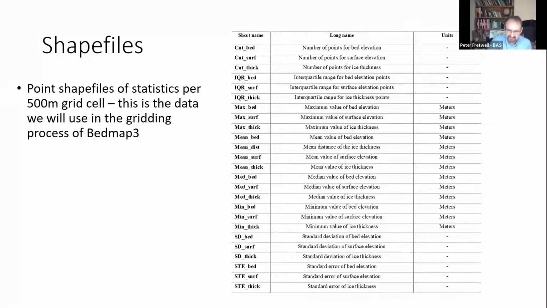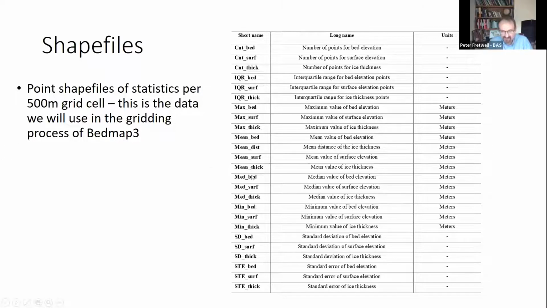But as well as the actual raw underlying data, of which there are 76 million points, we've also taken each 500-meter grid cell in the BedMap, and we've worked out the statistics of the data in each 500-meter grid cell. And we're giving that out as shapefile points. So for instance, here's what you would get in that shapefile.